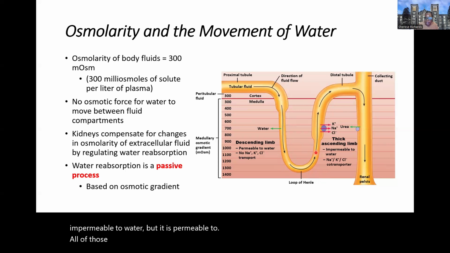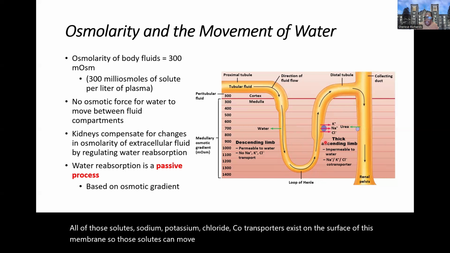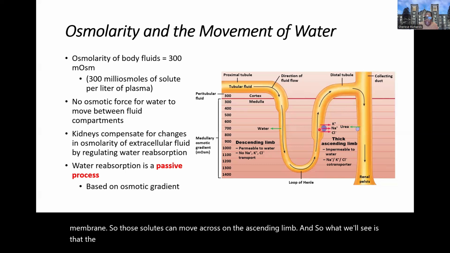Sodium, potassium, chloride co-transporters exist on the surface of this membrane, so those solutes can move across on the ascending limb. And so what we'll see is that the solute movement happening on the ascending limb creates the gradient for the water to move on the descending limb.